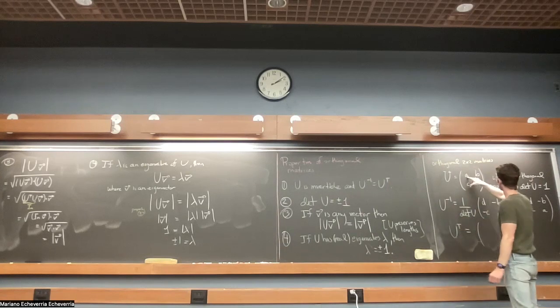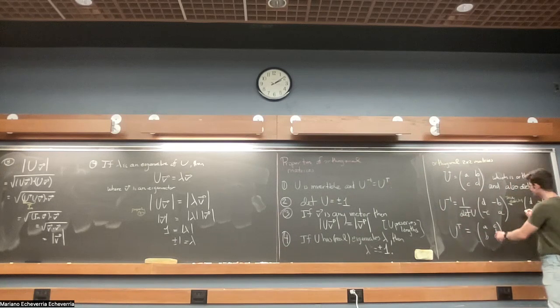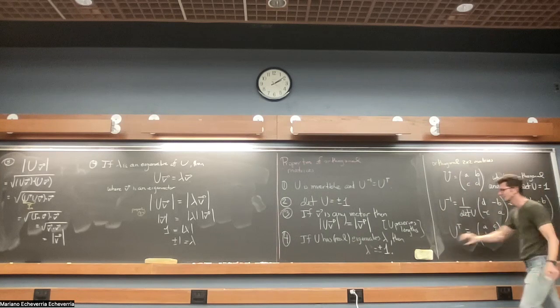In general, this is A, B, C, D, right? So by property 1, these two matrices should be the same, which is not obvious, right? Why they should be the same.